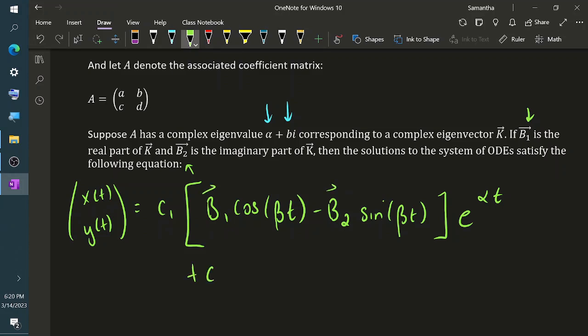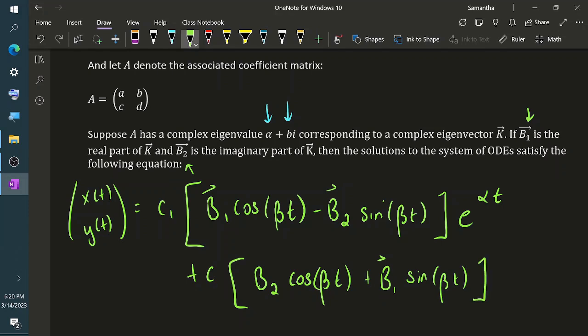And then C2 times the imaginary part times cosine of beta t plus the real part times sine of beta t, times the exponential. Quite an incredible looking formula. Let's get some practice using this formula to solve systems of equations where the matrix has complex eigenvalues.